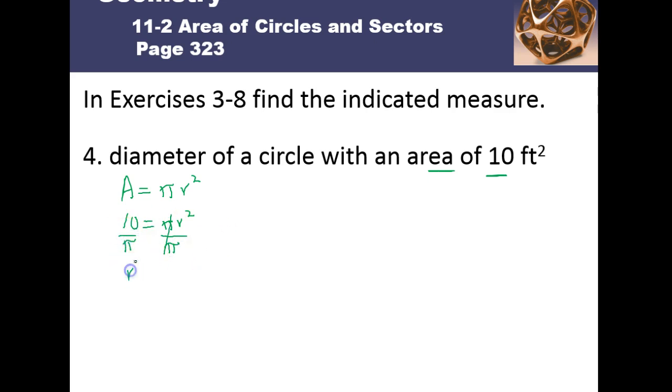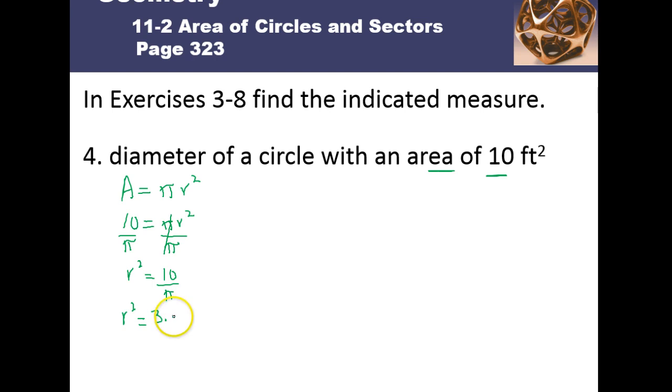So now I'm left with r squared equals 10 over pi. At this point, I'm going to figure out what 10 divided by pi is on my calculator. I get 3.1830, blah blah blah. Now I'm going to leave that number on my calculator. I'm not going to hit clear, so it'll store it.